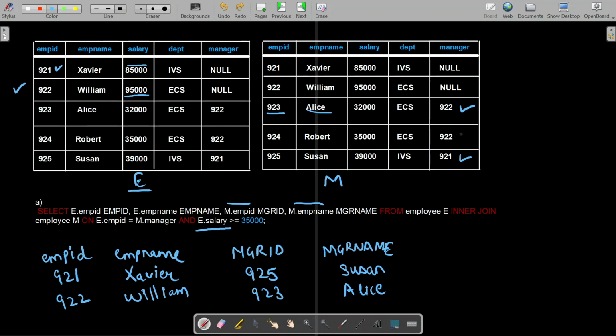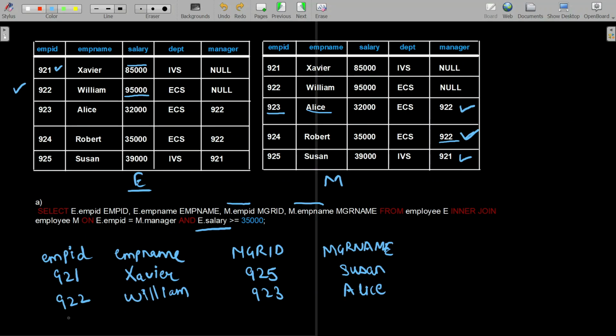Now we also had another row in this M table where m.manager was equal to 922. So this row will also be included in the answer. Now for the next row in the result, we know that e.empid is 922, e.emp name is William, m.empid for this particular row is 924, and m.emp name here is Robert.